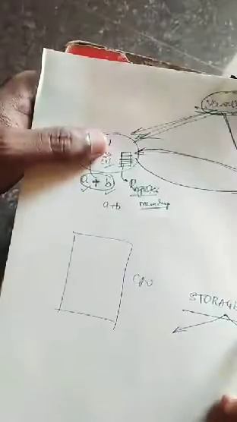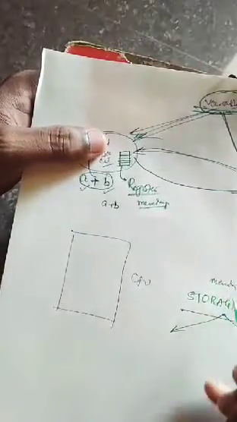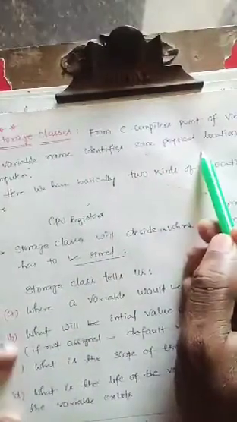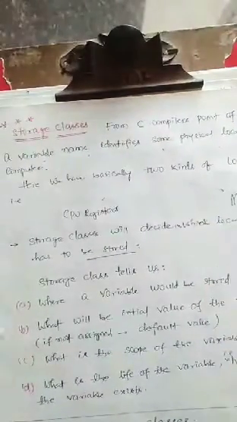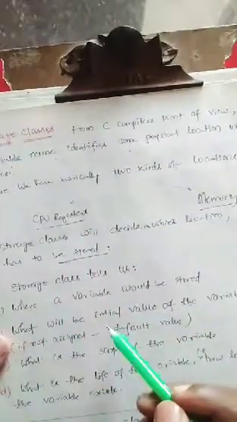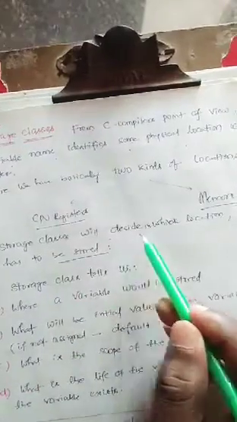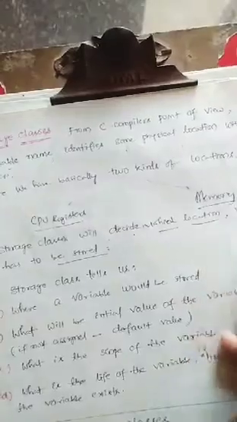So I repeat again: from the C compiler's point of view, a variable name identifies some physical location within the computer. We basically have two kinds of locations, memory and CPU registers, and storage class decides in which location the variable has to be stored.